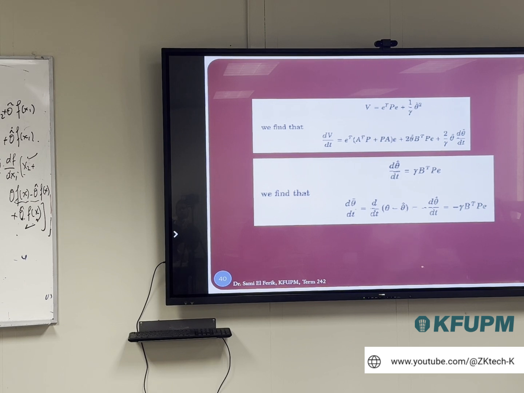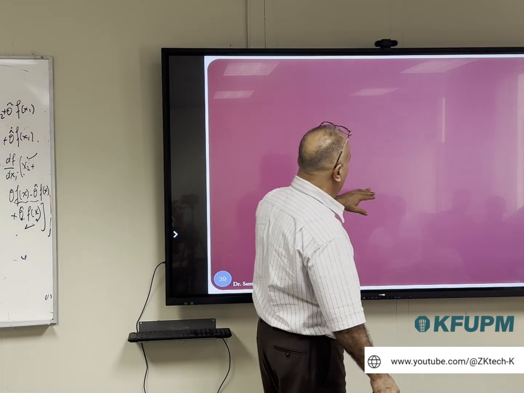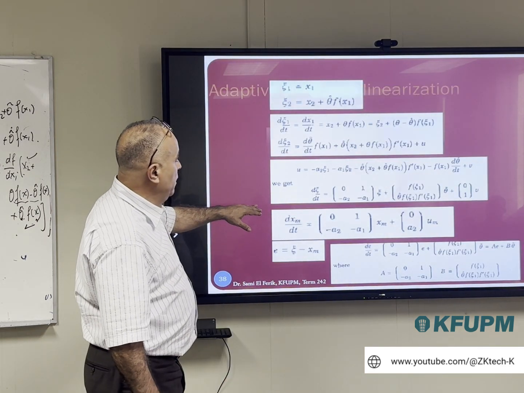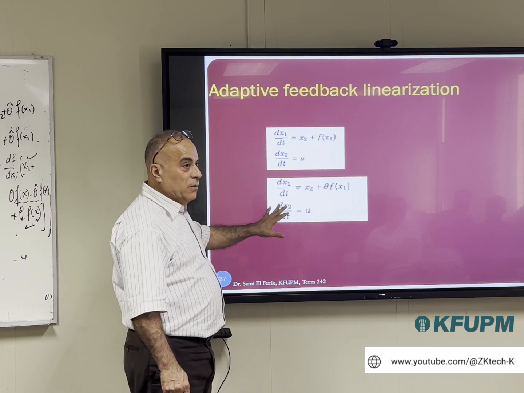So let's summarize it. We are not going to close feedback linearization, because when we go to backstepping, it is feedback linearization but iterative, iteration by iteration. So we will see it again. But the way we are talking about here, first of all, we have to identify the nonlinearity in the system. So this is our nonlinearity. We have two options to deal with this.